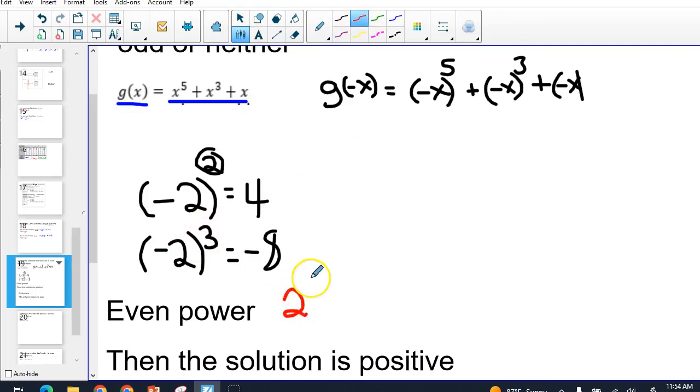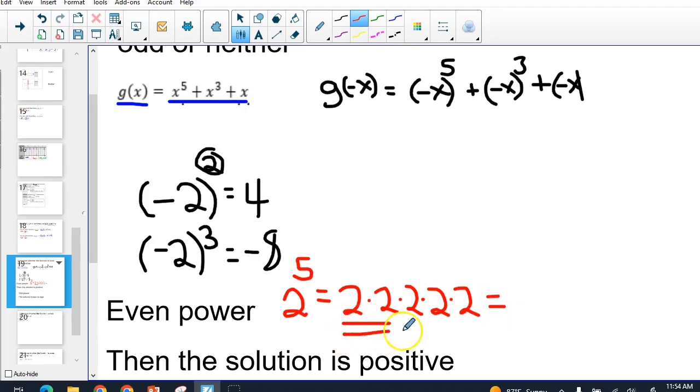And just to show with another odd power, say I had 2 to the 5th power, we'd still have 2 times 2 times 2 times 2 times 2. 2 times 2 is 4, 4 times 2 is 8, 8 times 2 is 16, 16 times 2 would give us 32.